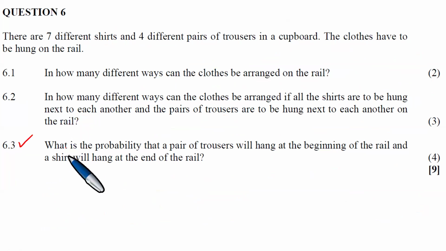Right, let's look at 6.3. What is the probability that a pair of trousers will hang at the beginning of the rail and a shirt will hang at the end of the rail?